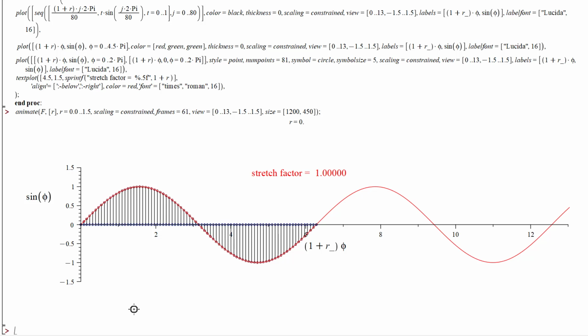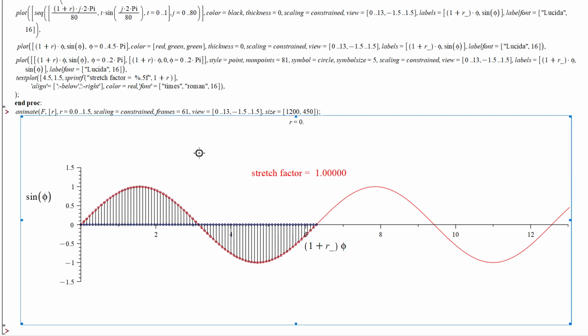Now, if you want to stretch vertically, you multiply the y value by a constant. If you want to stretch horizontally, you divide. So if I want to stretch it horizontally by a factor of 2, I would graph y equals sine of phi divided by 2. But I'm not doing that. I'm graphing it parametrically.